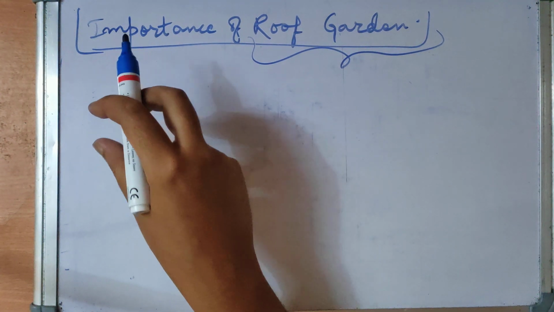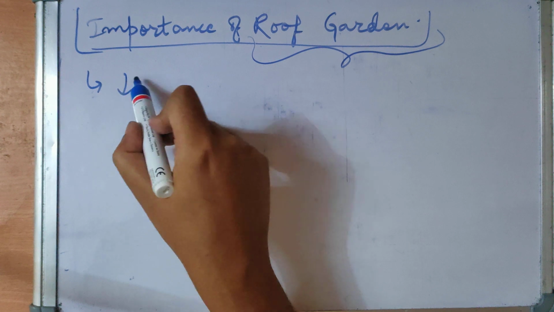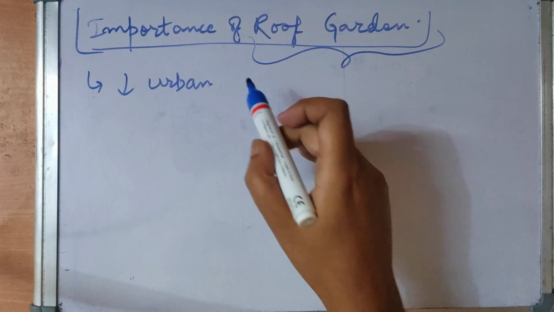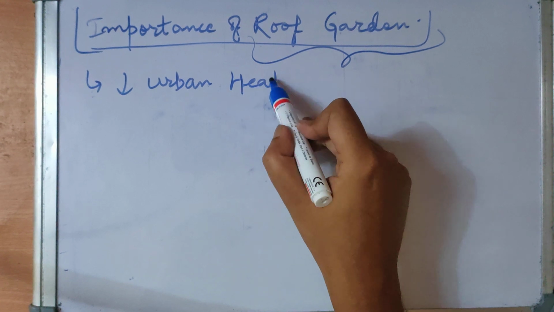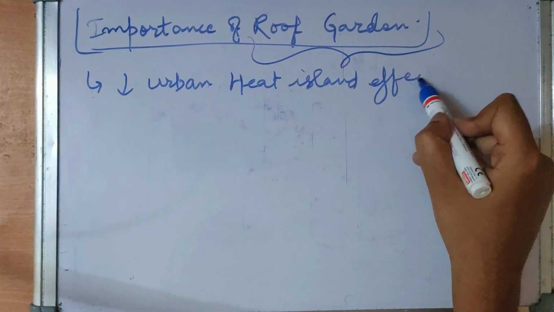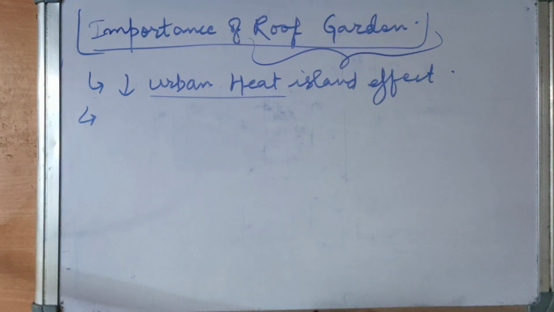Now what is its importance? It reduces the urban heat island effect. We all know there are so many heat waves. We all know how much global warming is hitting us, so it reduces the urban heat.